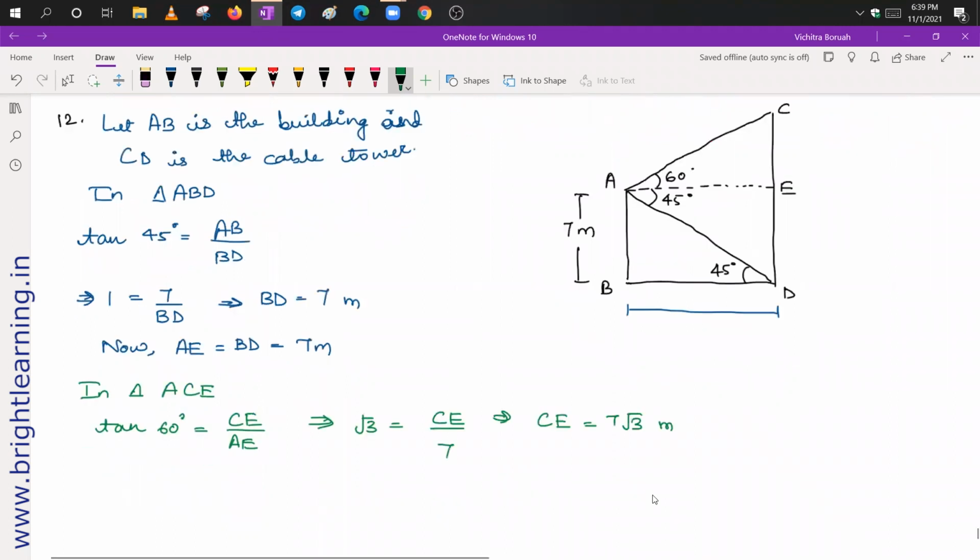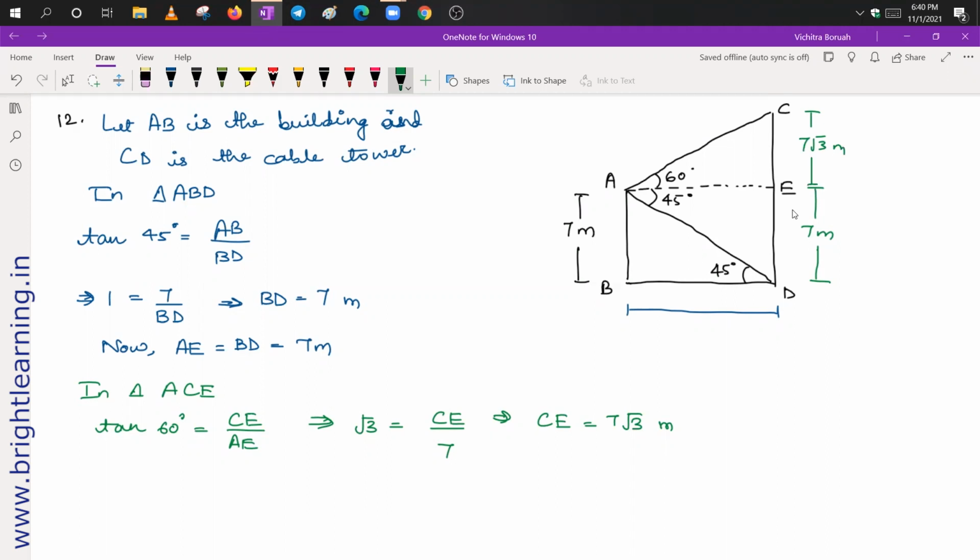Similarly, we can find the length of ED. Now here you can see that if AB is 7 meters, then the length of ED is also 7 meters. And just now we got the length of CE, which is 7 root 3 meters.